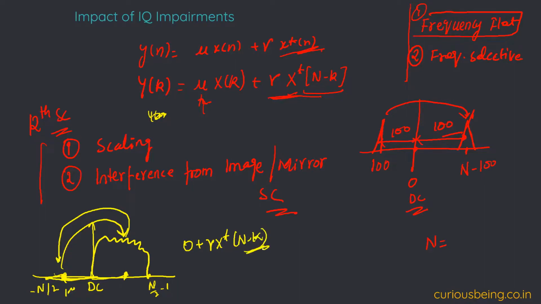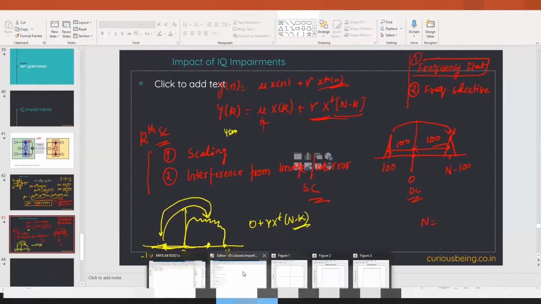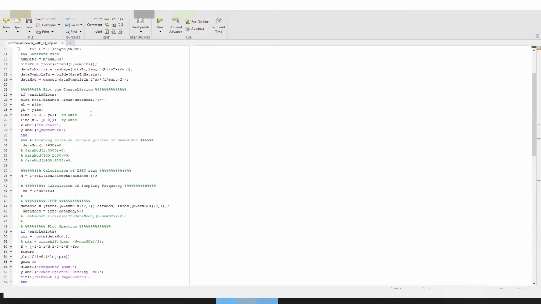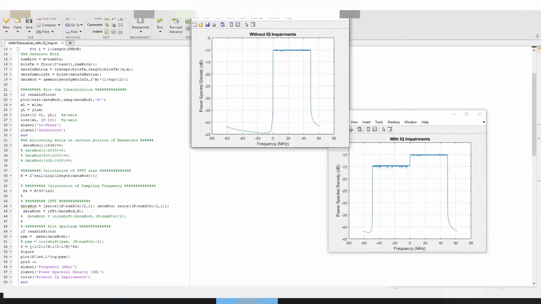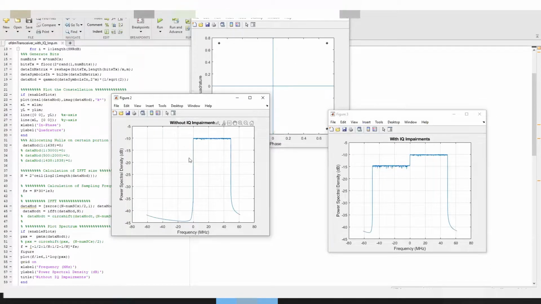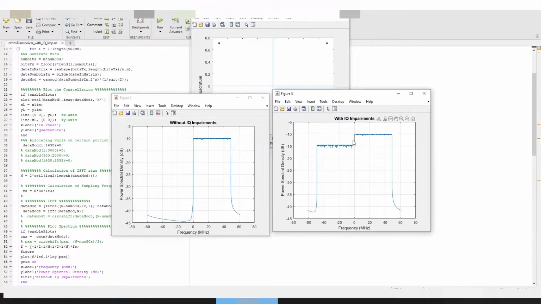So that should be visible. Let's see whether that is visible or not. I did the same here. This picture is showing that my allocation is only in the left portion, and this is the with IQ impairment case.